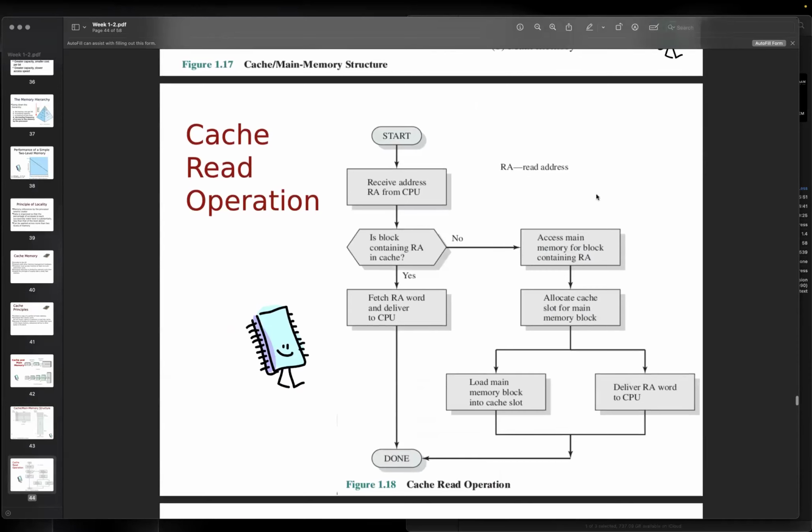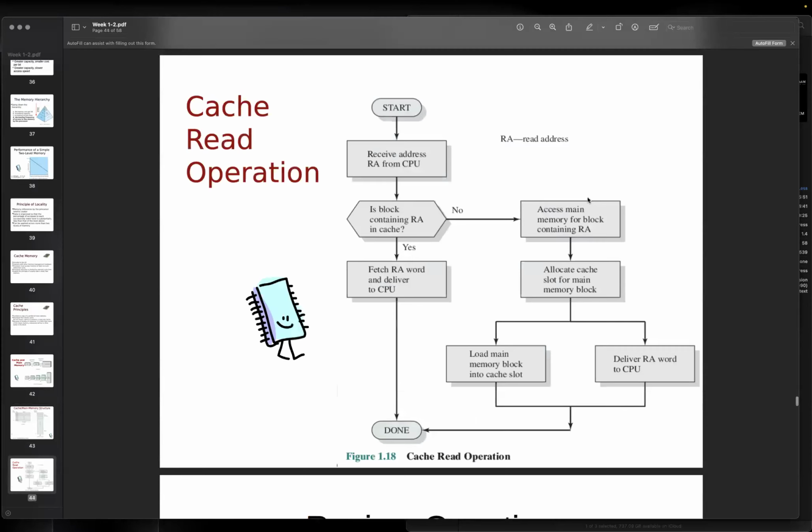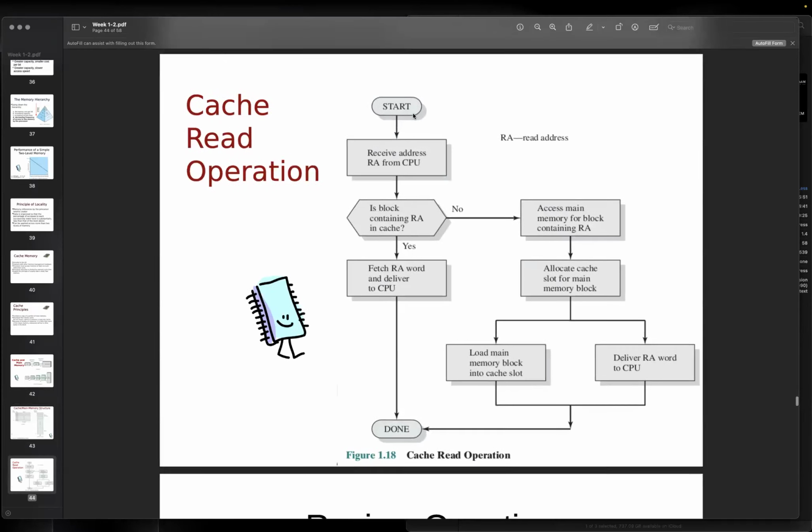And here so far is the cache read operation. When we look at this part, we have a start point, and sometimes we put the end. RA is the read address, so we receive the read address RA from the CPU. First we search: is the block containing RA in the cache? So we check. If yes, of course, we just fetch the RA word and deliver it to the CPU, then done. Pretty fast, right?